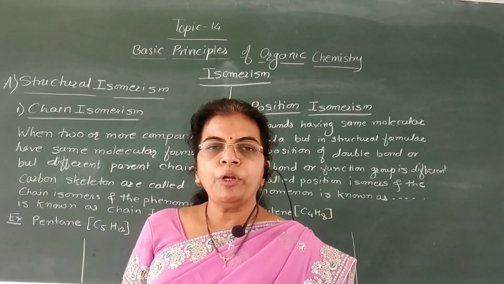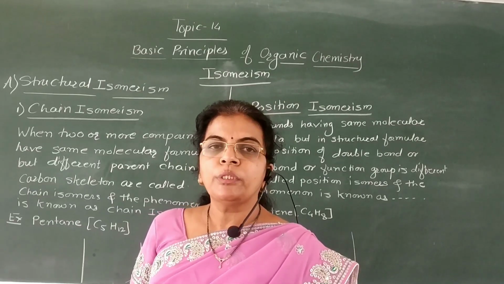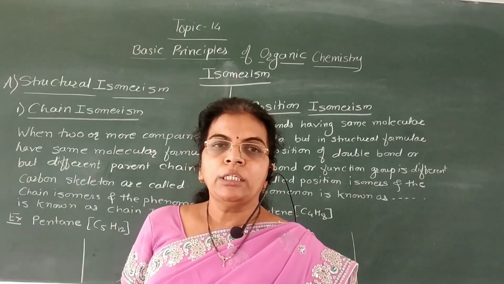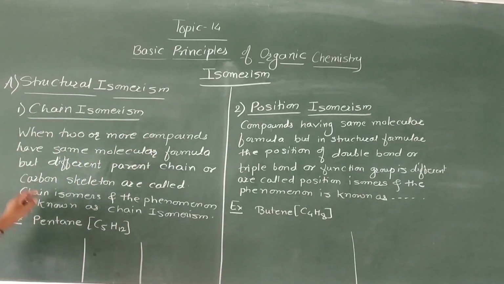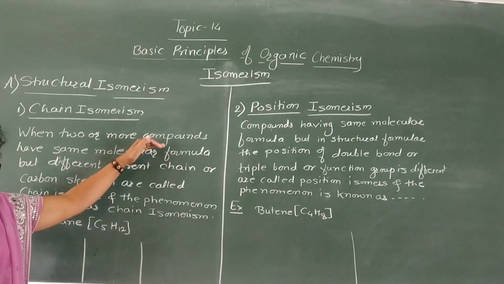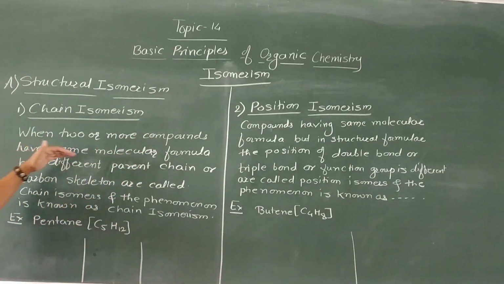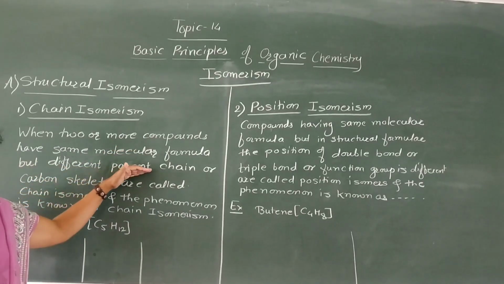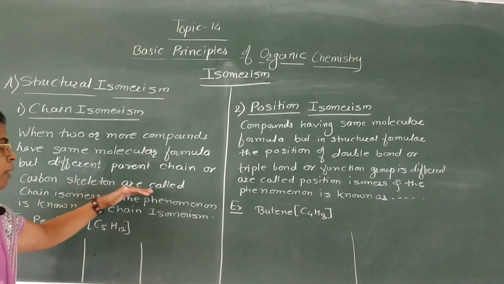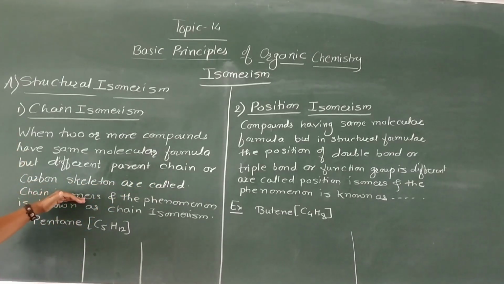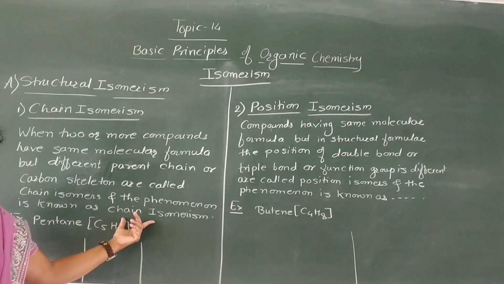The first type of structural isomerism is chain isomerism. In chain isomerism, when two or more compounds have the same molecular formula but different parent chain or carbon skeleton, they are called chain isomers and the phenomenon is known as chain isomerism.